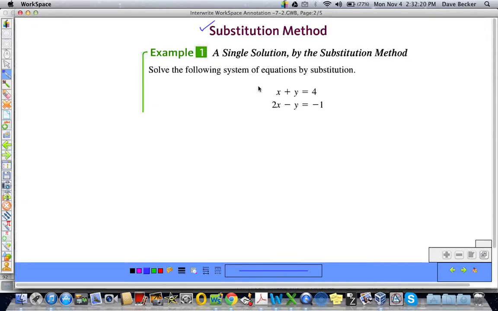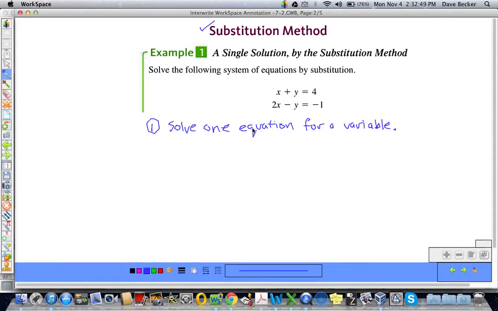So with the substitution method, what you need to do is solve one equation for a variable. In other words, solve for x or y generally, because generally our equations use x and y. Could be a and b or p and q, who knows? But usually x and y.